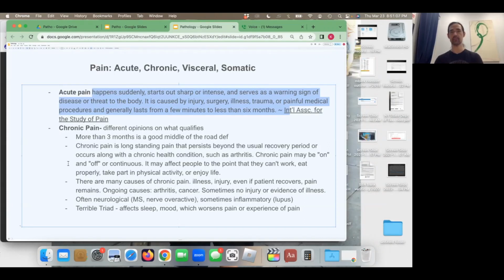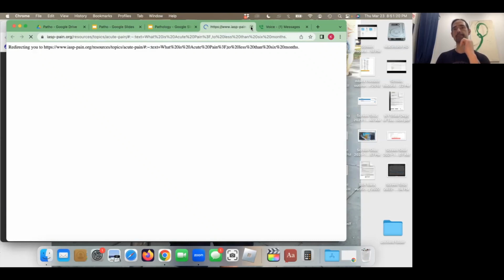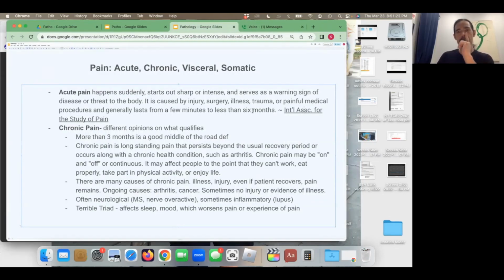It generally lasts from a few minutes to less than 6 months. That's from the International Association for the Study of Pain. If you want to read the whole article, you can click here, and it'll open the link for you. But 6 months, well, that's a matter of opinion. I kept it in there just because it's the quote.